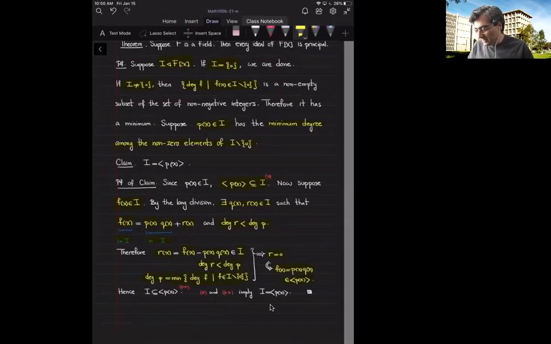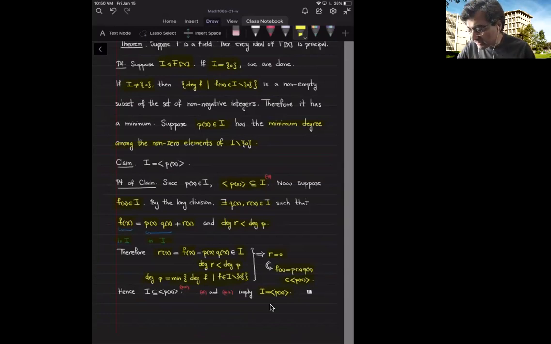So altogether, we deduce that this ideal I is indeed the principal ideal generated by p. So we showed that every ideal of the ring of polynomials with coefficients inside a field F is principal.